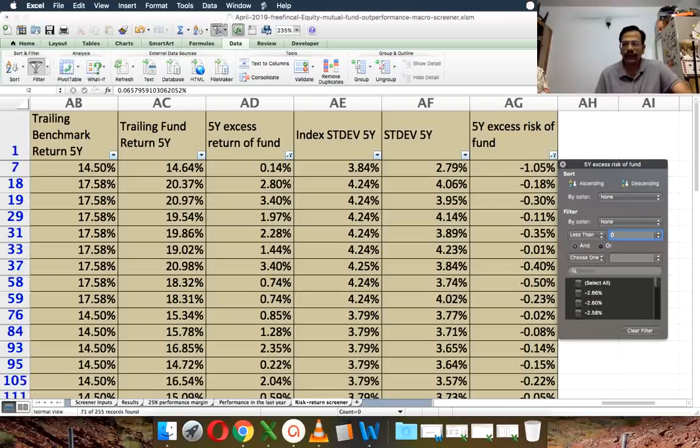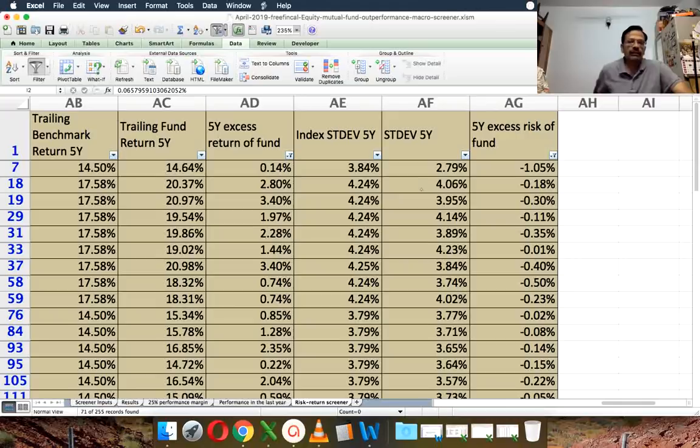So I want funds with higher return than the benchmark, but the risk should be lower than the benchmark. That is why the excess risk is negative. When the excess risk is negative, that means there is no excess risk, and actually the fund has lower risk than the benchmark. Maybe the lingo is a bit confusing. If you want, I can change it for the next time, but I think it should be okay once you get used to it.